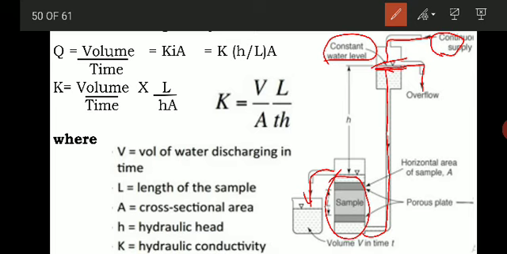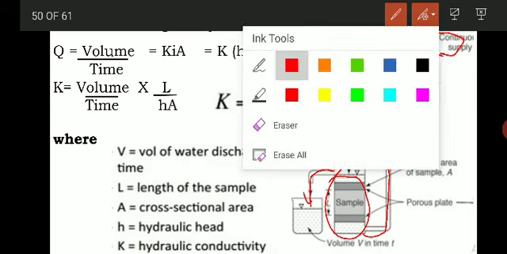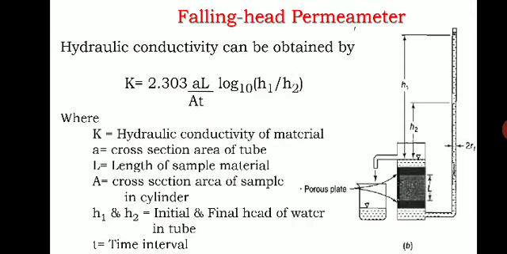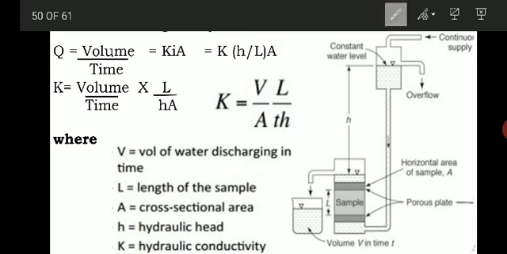So the level of water in this overhead tank always remains constant. So it is called constant head permeameter. And there is a sample whose length is L. Here you can see it is L.